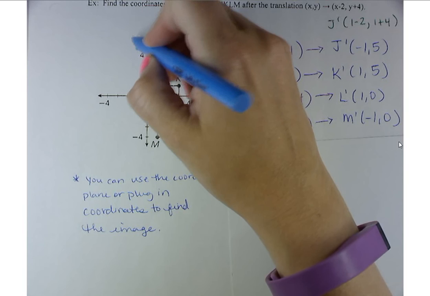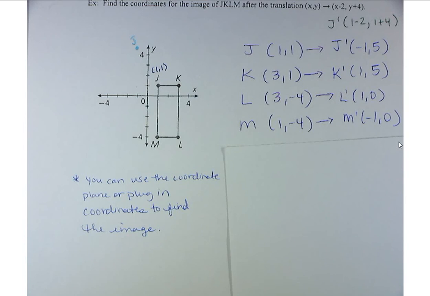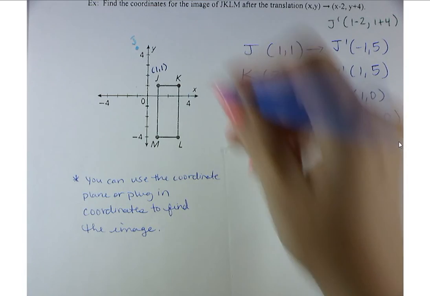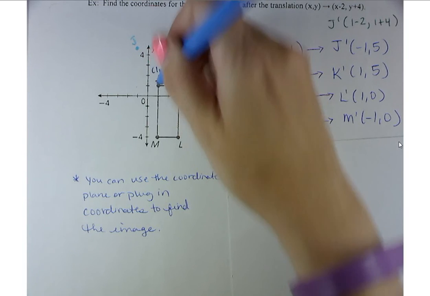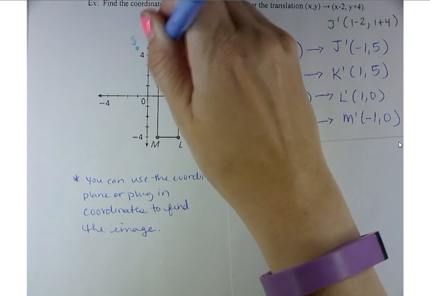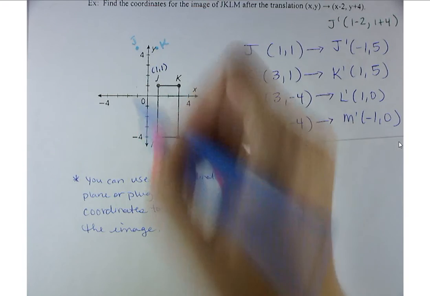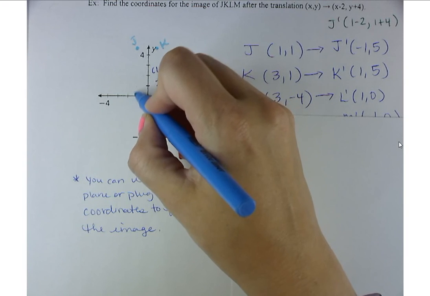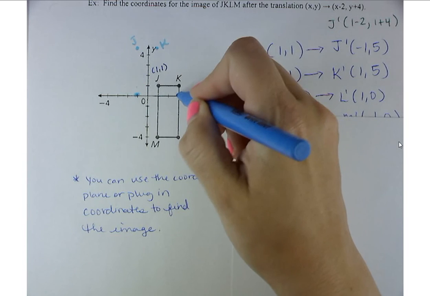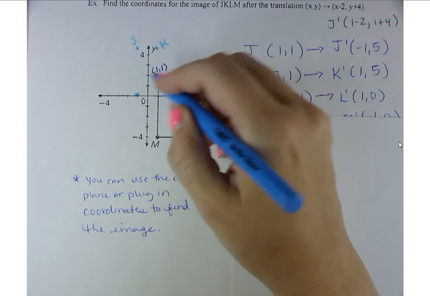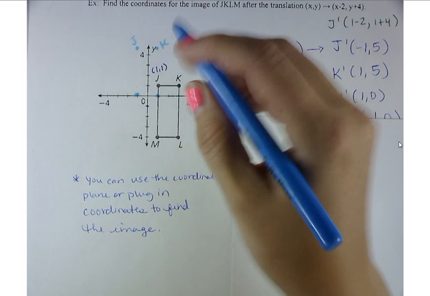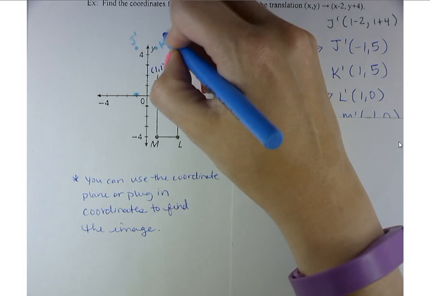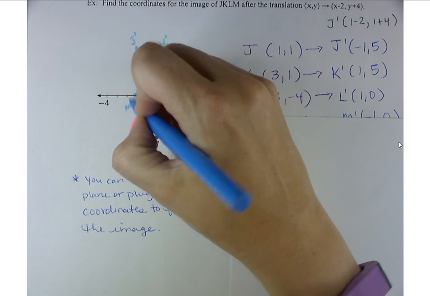This is J. And then you'd want to keep going through and labeling them. So this would be over 2 and up 5, which is where your K would be. And L would be up 4 and then over 2. Okay, so this would be J prime, K prime, M prime, L prime.